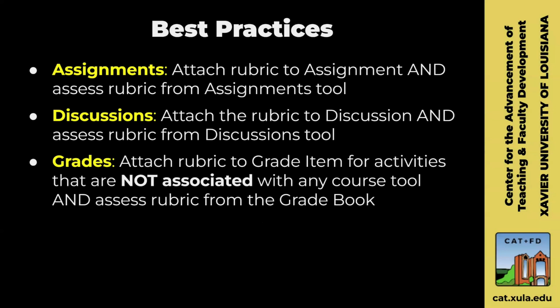But if you're using an assignment or a discussion, then you want to attach the rubric to that assignment or to that discussion, and then you want to grade the students from that tool. You can attach a rubric to a grade item for any activities that are not associated with a tool inside of Brightspace, and then just assess it or grade it from the grade item in the grade book.